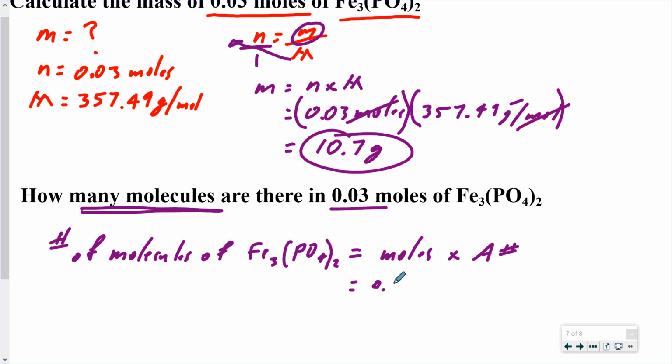So that is 0.03 times 6.022 times 10 to the 23.